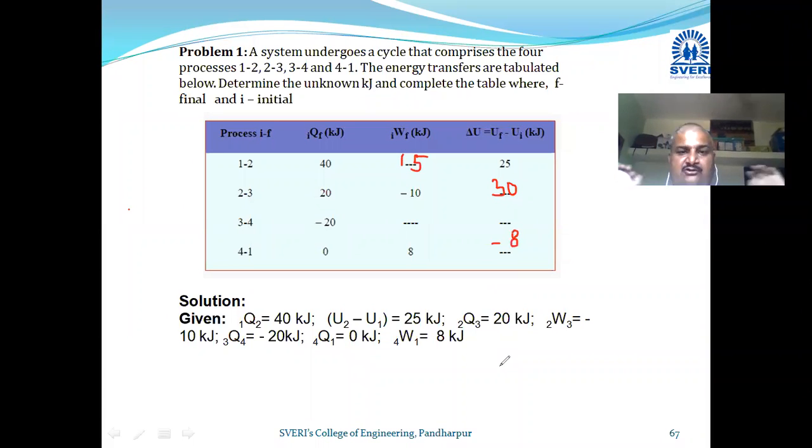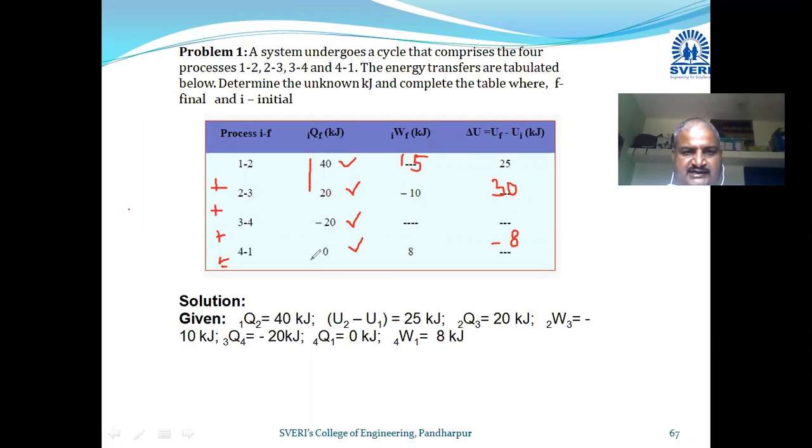Okay, now my friend, what will we have to do? Here the term is very simple. If you concentrate, you will come to know that if you take the summation of the heat, process 1 to 2 plus 2 to 3 plus 3 to 4 plus 4 to 1, how much will it be equal to? 40 plus 20 minus 20 plus 0.